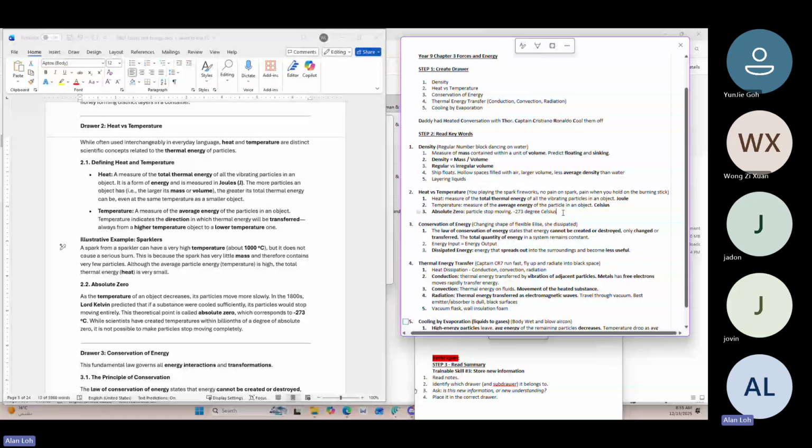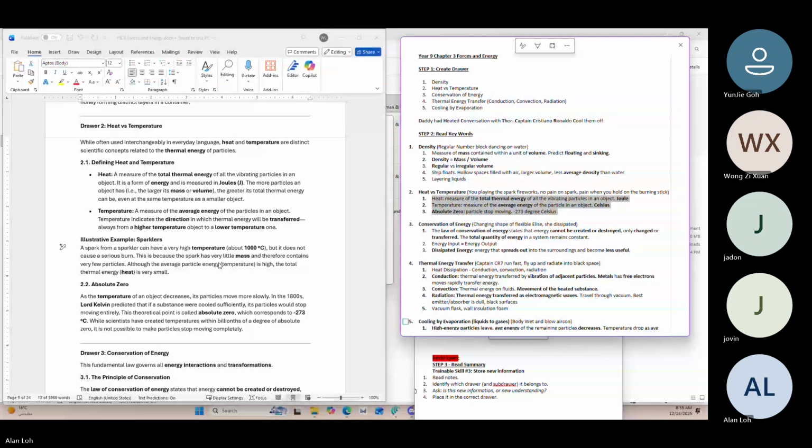Can you now identify one more new information other than the one that I mentioned? Sparklers? Yeah, sparklers is the one that I mentioned just now. Any other new information from here until here?